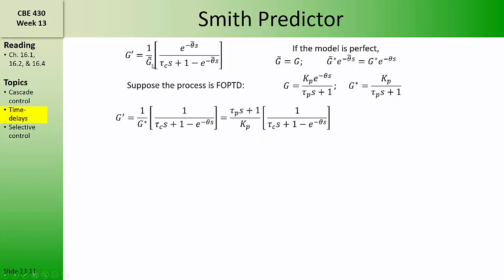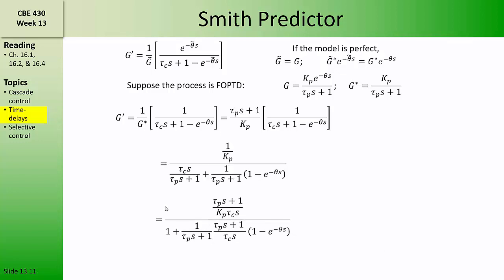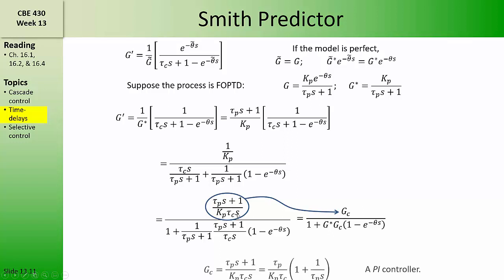Substituting g in for g tilde, we find that the time delay in g' cancels with the time delay in g, and therefore this term is just 1 over g star. Now we can simplify g' and find that GC appears in the numerator and the denominator. This GC is a PI controller.